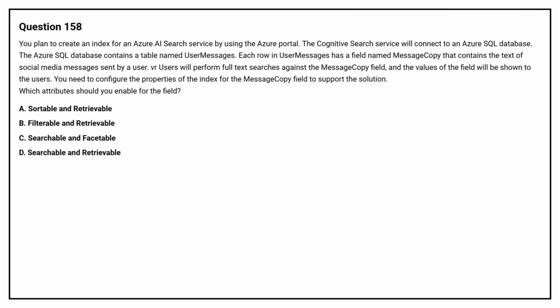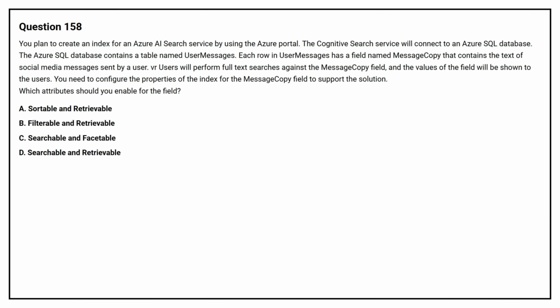Each row in UserMessages has a field named MessageCopy that contains the text of social media messages sent by a user. Users will perform full text searches against the MessageCopy field, and the values of the field will be shown to the user. You need to configure the properties of the index for the MessageCopy field to support the solution. Which attributes should you enable for the field?